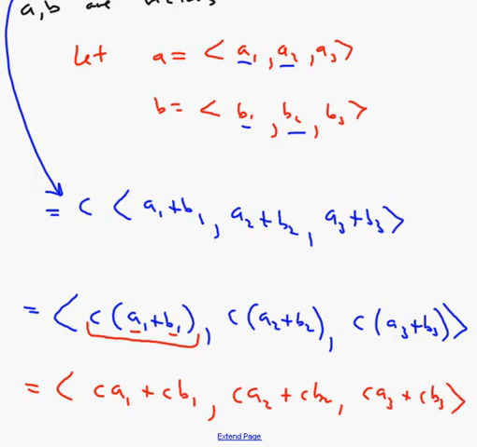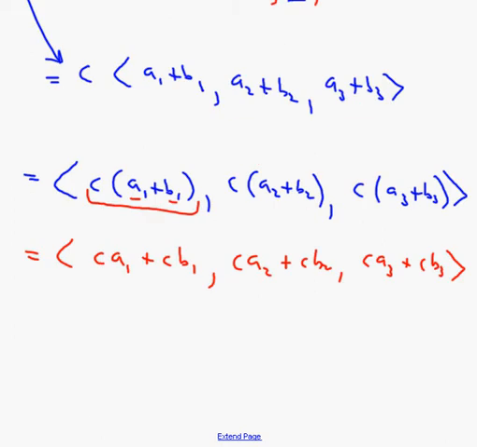So I got to use the distributive property of real numbers. And actually, that turns out that saved me. Because now, this I can really think of as the sum of two vectors. This is the sum of the vectors cA1, comma, cA2, comma, cA3, plus another vector, cB1, comma, cB2, comma, cB3.